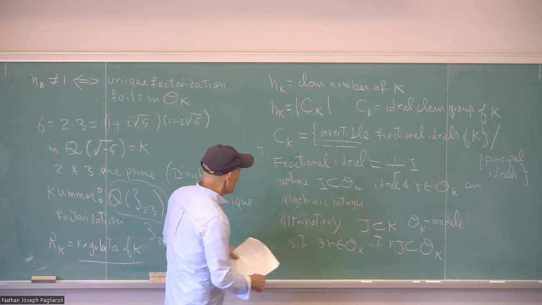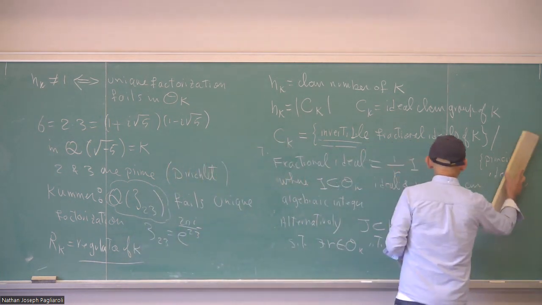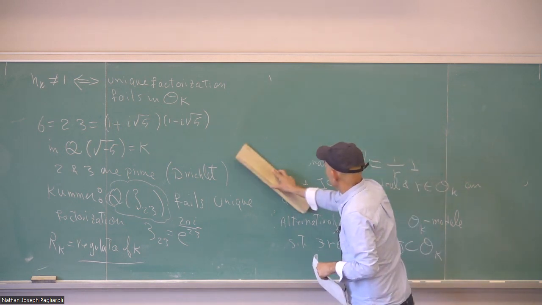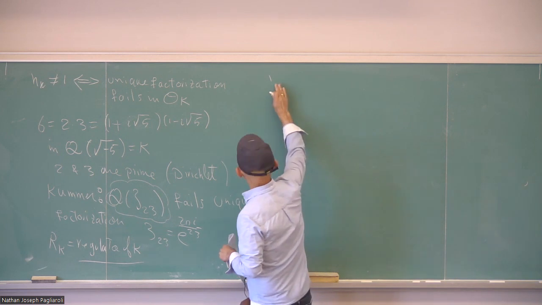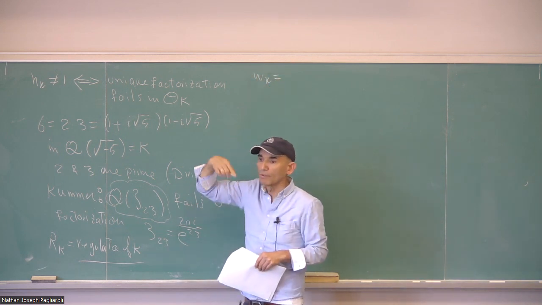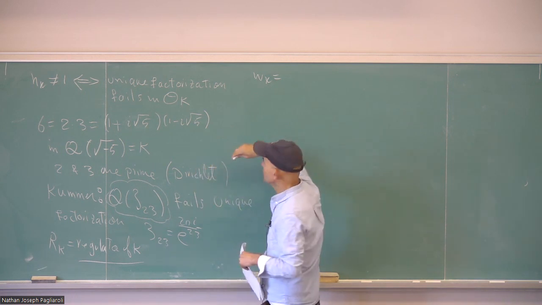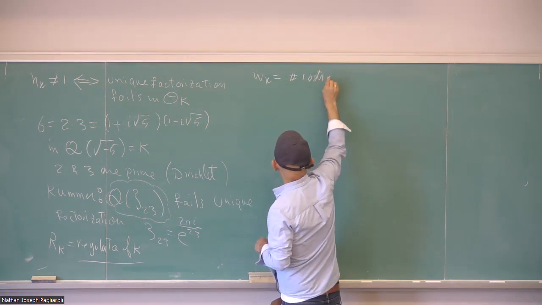Another thing that we need, the other two things are rather easier to define. WK is, what is WK? It is the order of roots of unity in K, the number of roots of unity.